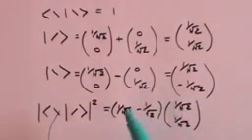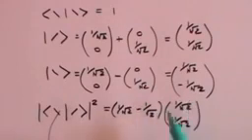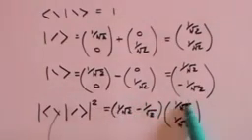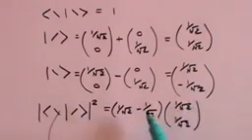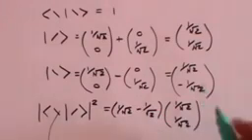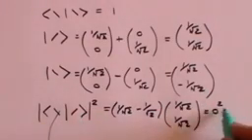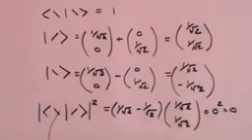And how do we calculate that? We take that times that plus that times that. Well, 1 over root 2 times 1 over root 2 is a half, minus 1 over root 2 times 1 over root 2 is minus a half. That equals 0. And of course we have to square it. It still equals 0.